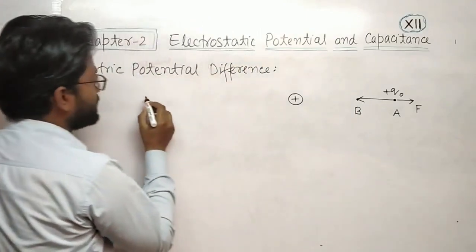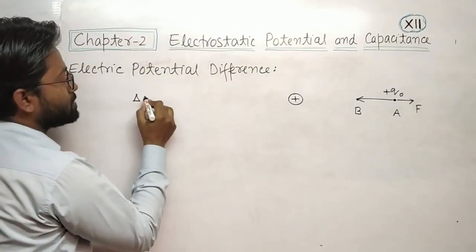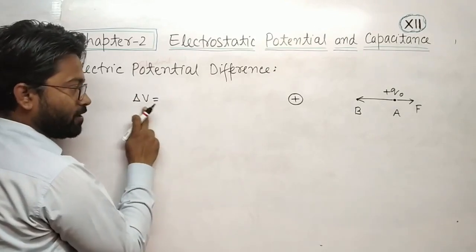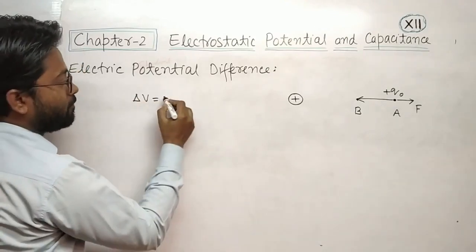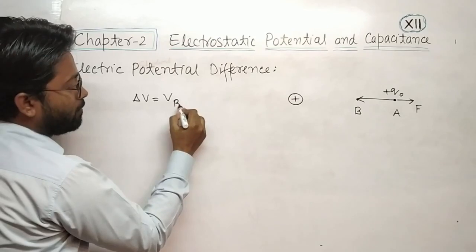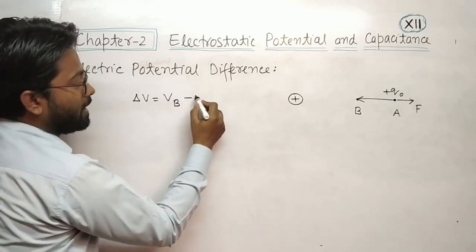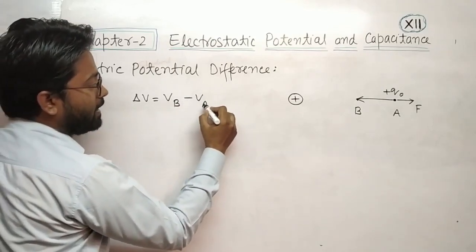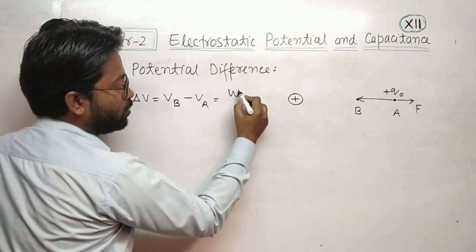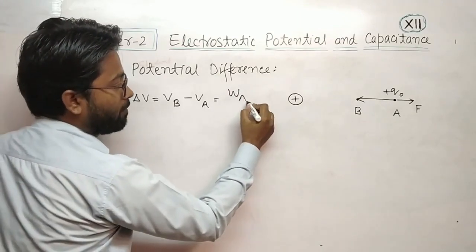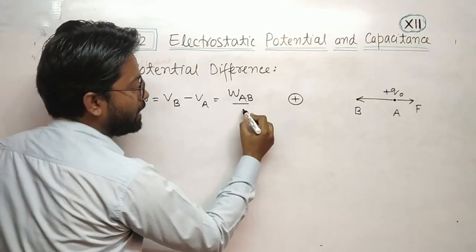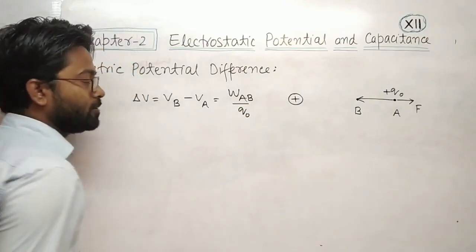That means potential difference, delta V, is equal to potential at B minus potential at A, which is equal to work done from A to B upon Q naught.